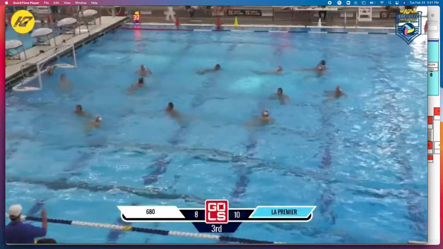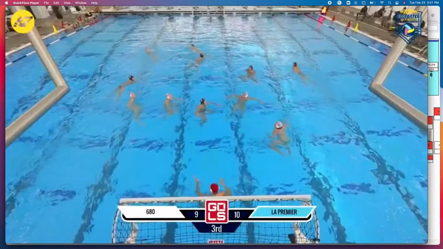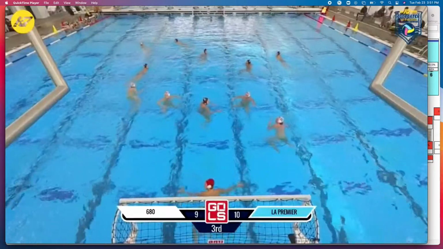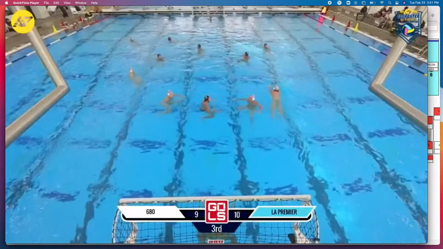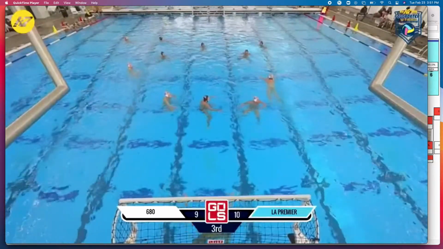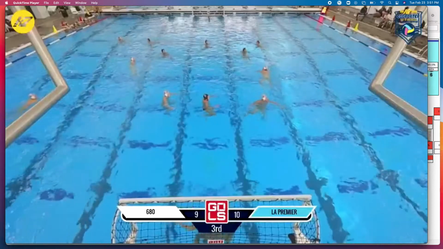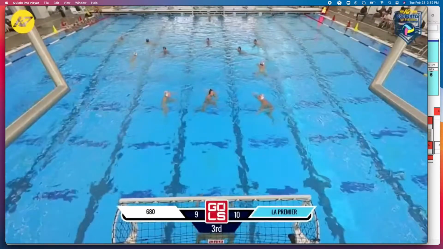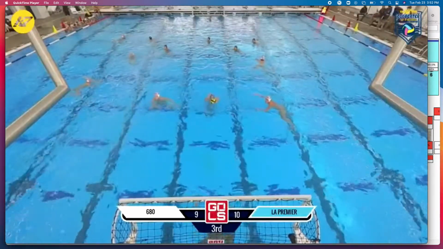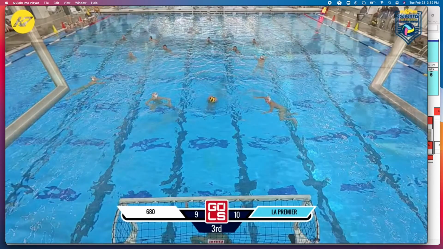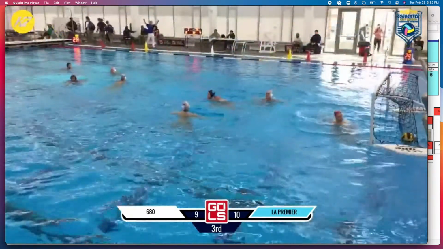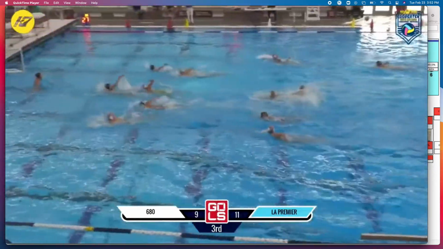That's a nice cross kick. Five-meter penalty. I believe that was assigned to number 6 White, Nicholas Borden, waiting for confirmation. That ball, Jackson Tierney looking. That goes in. 680 ball.